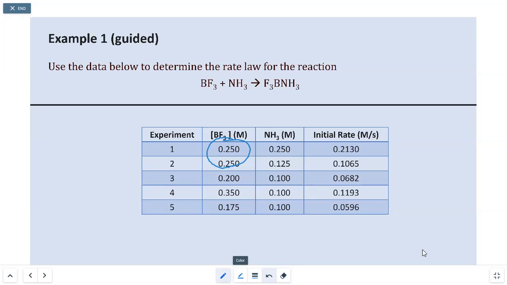Now, from an inspection standpoint, I can look at this one and say, okay, the relationship between reaction 1 and reaction 2 appears to be 1/2. Concentration of ammonia in number 2 is half of the concentration in reaction 1. And the rate also went down by 1/2 as well.